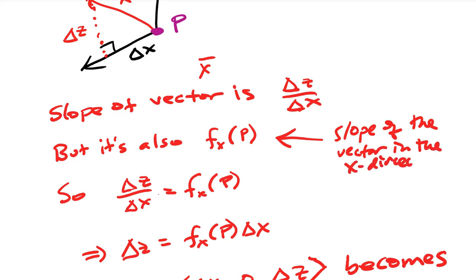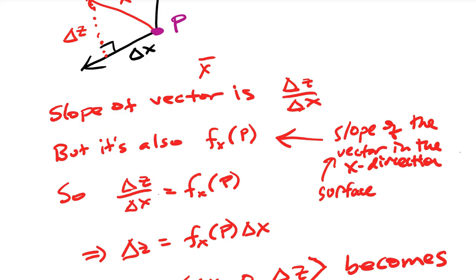It's basically the slope of your surface in that x direction, and that vector represents it in a very small area.